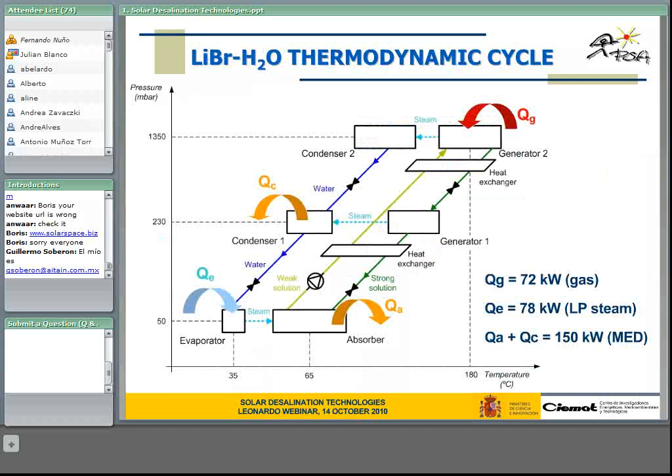As I said, the net input provided in generator 2 is the 72 kilowatts of gas, and in the evaporator is where we are providing the other input. This is the 78 kilowatts from the low pressure steam from the last effect of the MED plant.